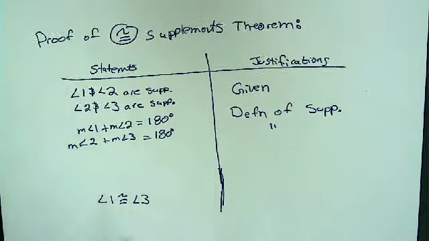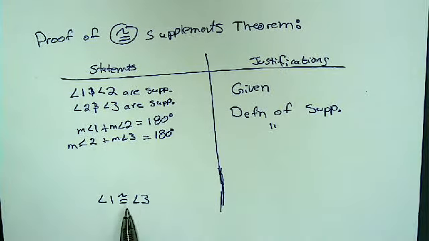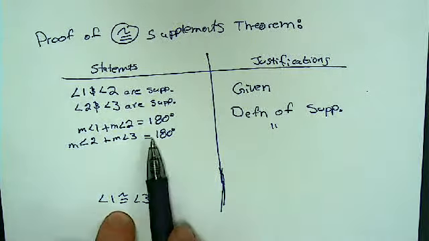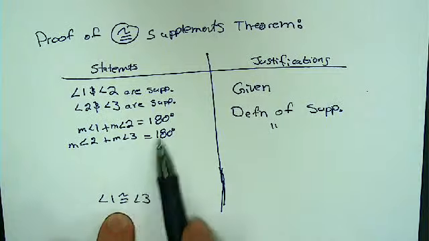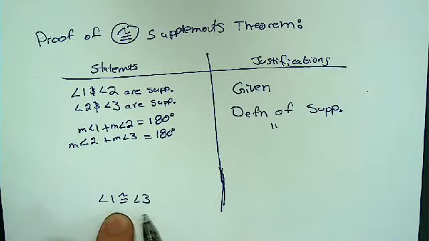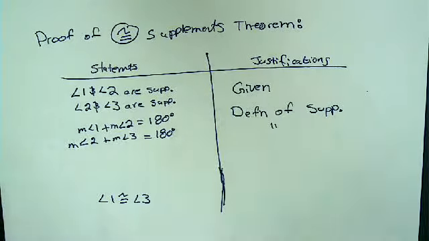Now I'm looking down here, and I want to get 1 and 3 on opposite sides of an equal sign. Can I do that with what I've got here? Can I take these two equations and somehow rewrite them so 1 and 3 are on opposite sides?